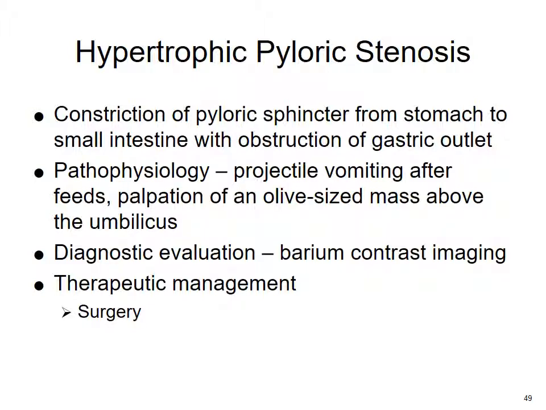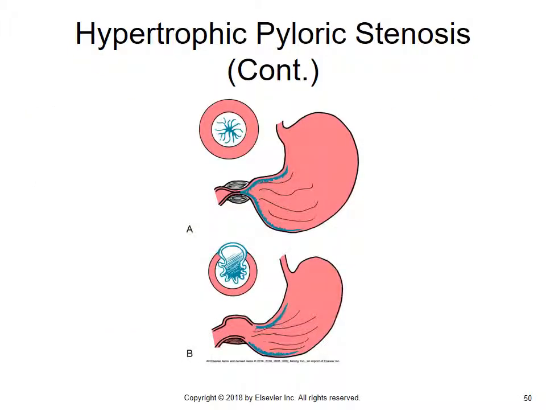It's diagnosed through barium contrast imaging, and it requires surgery to fix as soon as possible. There's a little illustration for you of what's happening, that it is being closed off and it's creating a palpable mass.